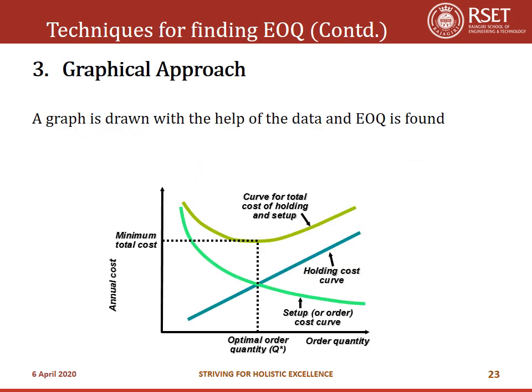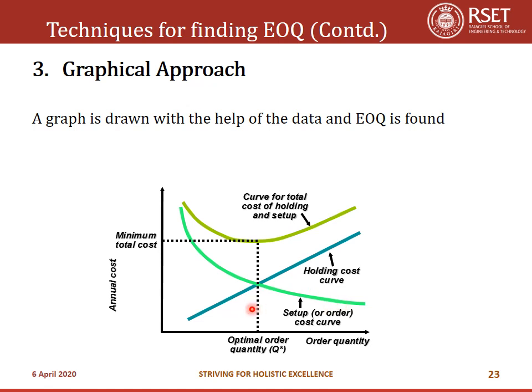Then you have the graphical approach. This is a graph that you studied while you were studying crashing in module 2. Approximately something like that. Here you can see that as the ordering quantity is increasing, the holding cost is increasing, whereas the setup cost or order cost is going down.